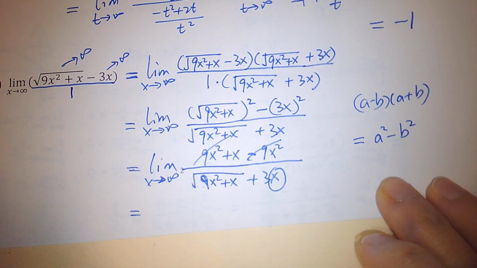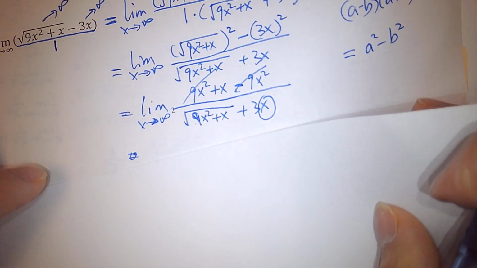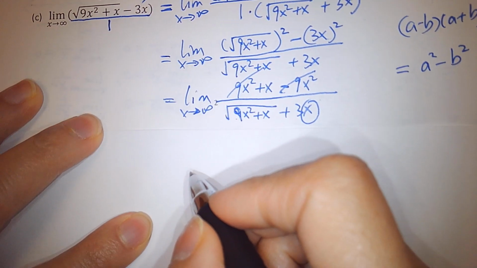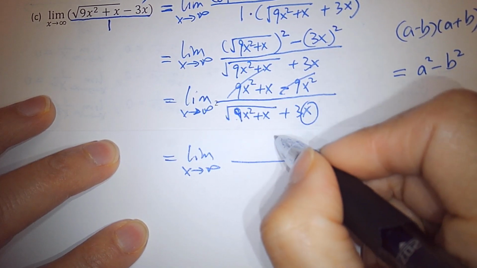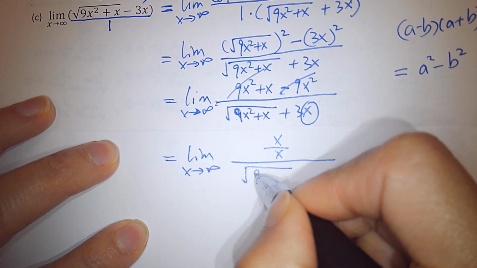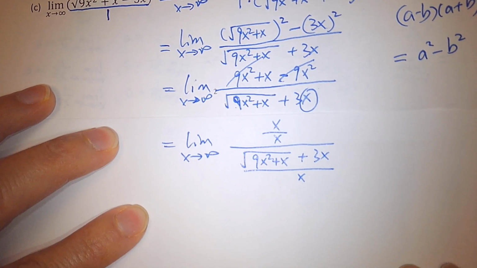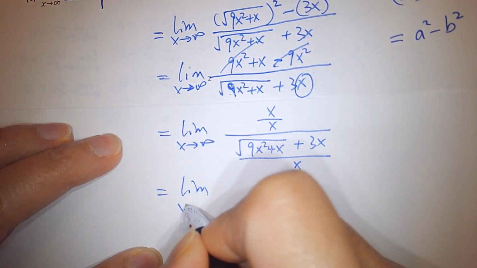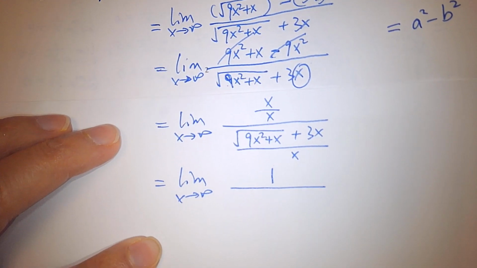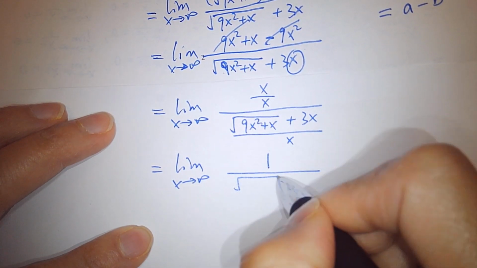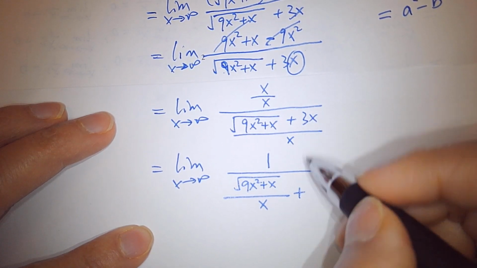Okay, let me use another square paper to finish the question. Okay, so I'm going to write it here. Equals limit as x goes to infinity. On the top, we only have x divided by x. On the bottom, square root of 9x squared plus x, plus 3x, divided by x. So x over x is what? 1. We'll have a square root of 9x squared plus x over x, plus what? What's 3x over x? 3.